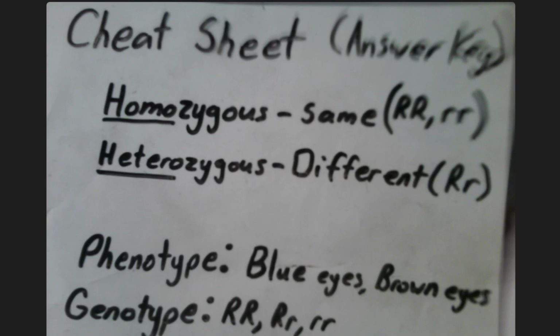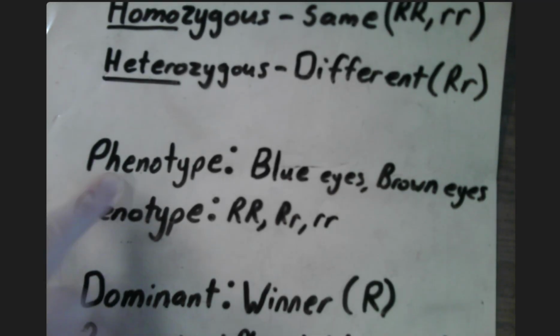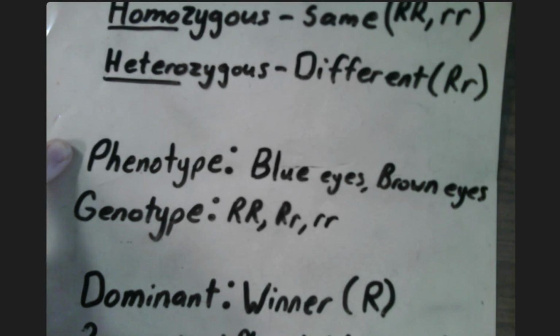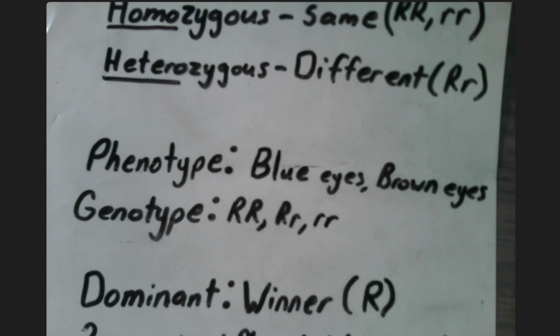Now, we also have our two things down here, phenotype versus genotype. When the problem asks for a phenotype, they are asking for a characteristic or something that we're looking for. It could be blue eyes, brown eyes, tall or short. That's what we're looking for.